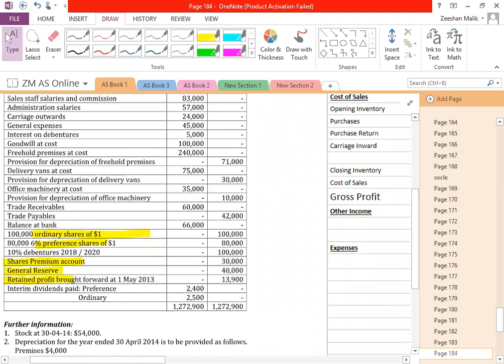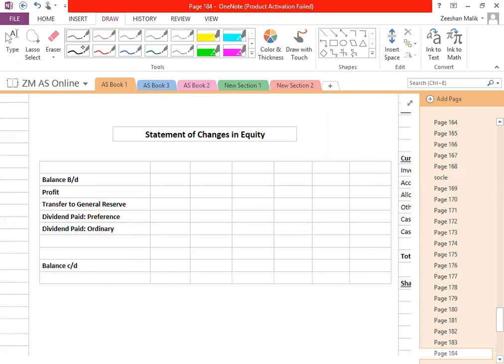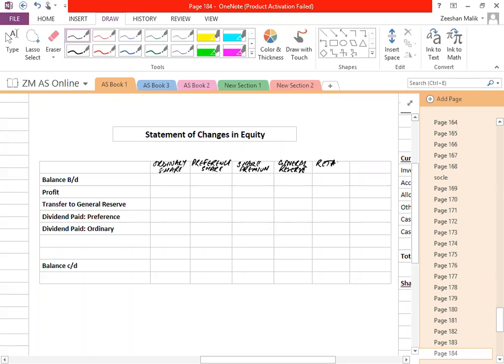So here we go to put ordinary shares, preference shares, share premium, general reserve, retained profit. And at last, it's a total.